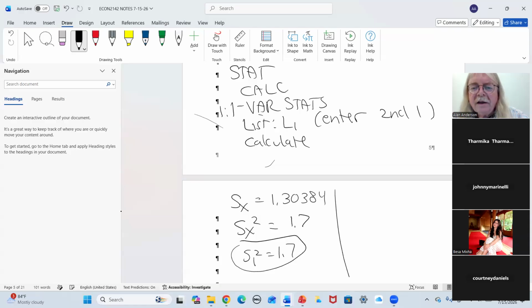All right, I'm going to go ahead and do the other two for you. We don't have all day here. The only thing we really can do here is write down SX, and then we'll just manually square it.